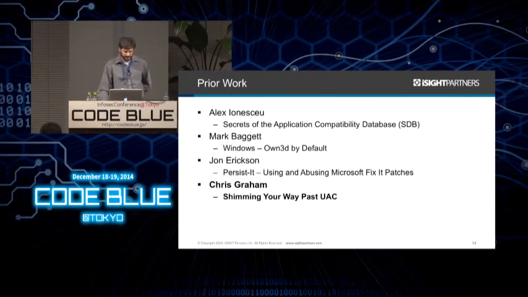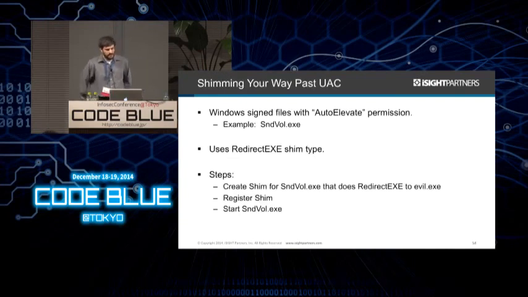All right, moving on to Chris Graham, shimming your way past UAC. So Windows has signed files with what's called an auto-elevate permission. An example of this is soundvolume.exe.